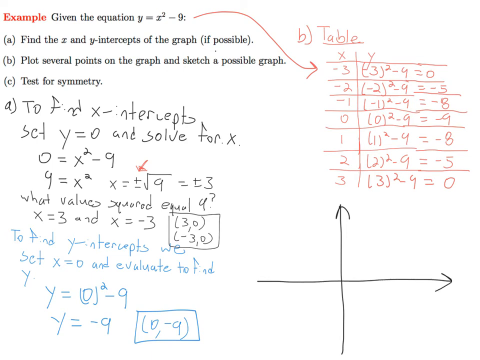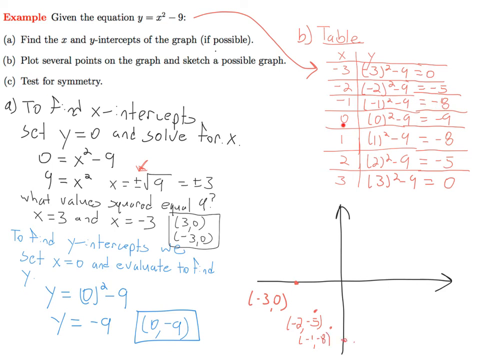So plotting them over here, I have the point when x is minus 3, y is 0. Plot that over here. The next one is when x is minus 2, y was equal to minus 5. When x was equal to minus 1, that was the next point that we had, y was equal to minus 8.